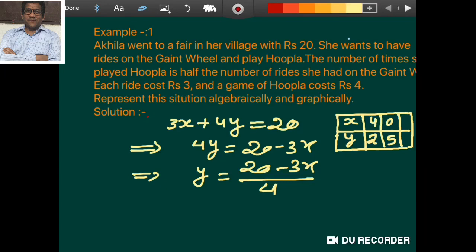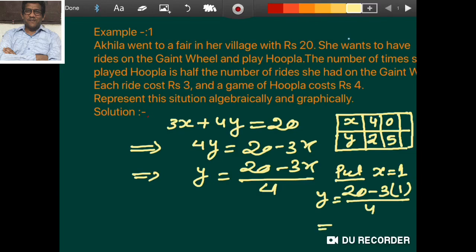Now put x is equal to 1. What will we get here? y is equal to 20 minus 3 into 1 upon 4, that is 20 minus 3 upon 4, that is 17 upon 4. So x is equal to 1, y is equal to 17 by 4.